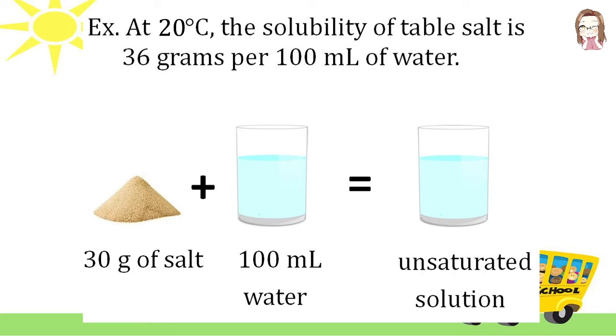In this condition, at 20 degrees Celsius, yung 20 degrees Celsius na yun yung temperature ng ating solvent, ng ating water. Ang kaya lang matunaw ng ating 100 ml of water at 20 degrees Celsius is 36 grams of salt.